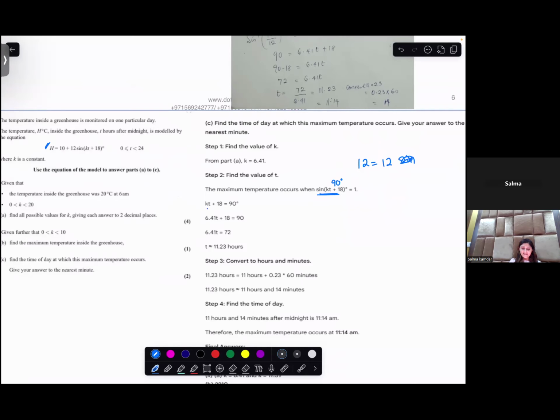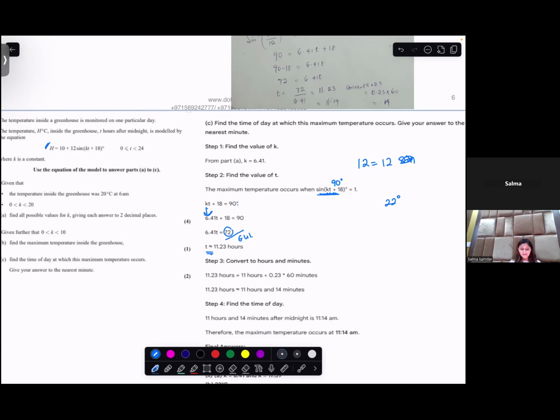So I replace the kt plus 18 by 90. Now in place of k, I substitute the value of k. I put t and I get 72. And 72 divided by 6.41, the time at which I am going to have 22 degrees Celsius is 11.23.